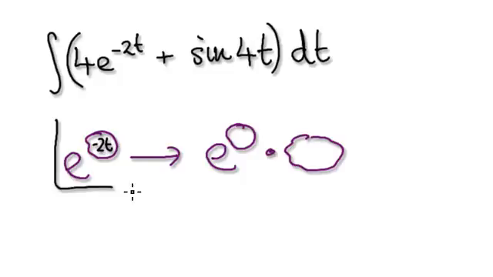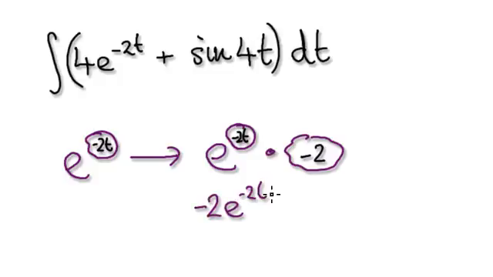So this being our initial guess, when we differentiate it, it will give us e to the power of minus 2t times the derivative of the something here. So this will be minus 2. Okay, so tidy this up, and it will be minus 2e to the power of minus 2t. But then we now need to make the adjustment. So let's get rid of the minus.